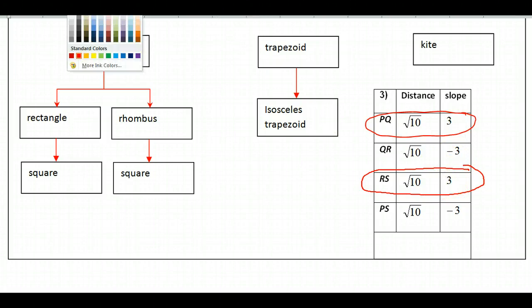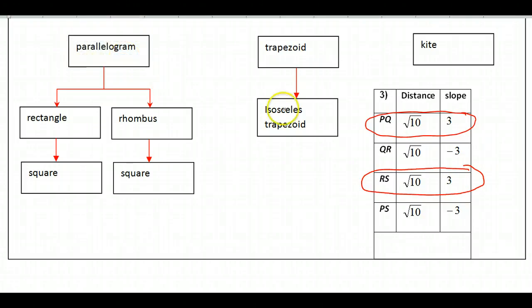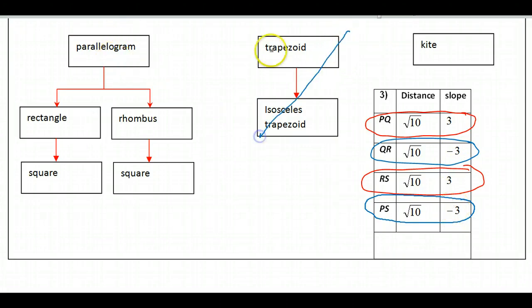So far, that's only one pair. Here's the other pair of opposite sides, QR and PS. These blue ones are opposite sides. Radical 10, opposite sides are congruent. -3, -3, opposite sides are parallel. So this is definitely a parallelogram, which means it is not a trapezoid and it is not a kite.